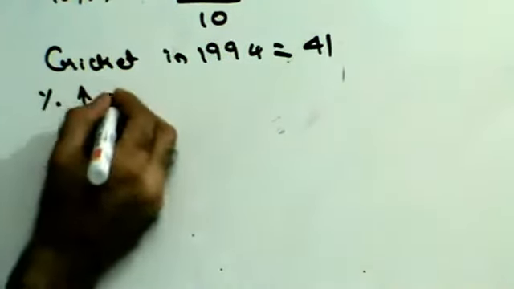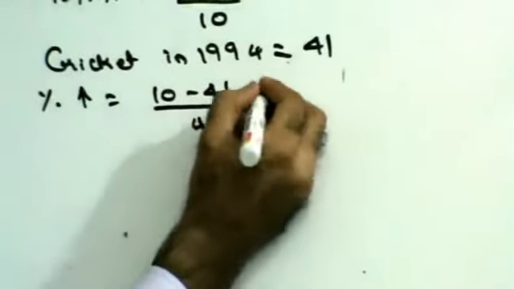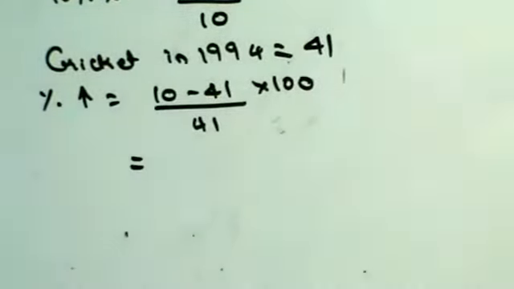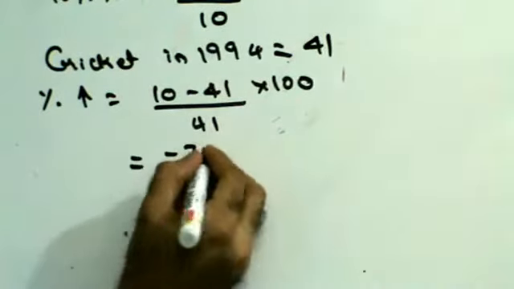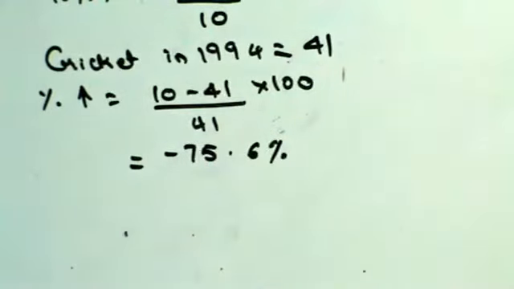So, I can therefore say that percentage increase will be 10 minus 41 upon 41 into 100. This should work out to approximately minus 75.6%. So, the answer for this is going to be minus 75.6%. Fine, do we understand this?